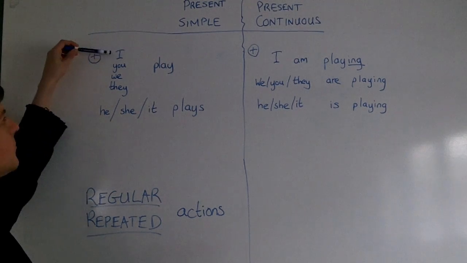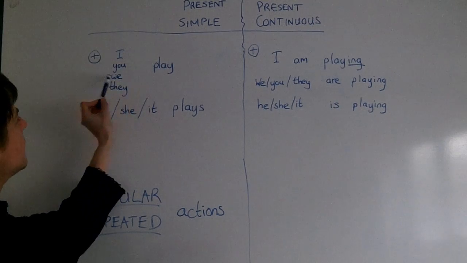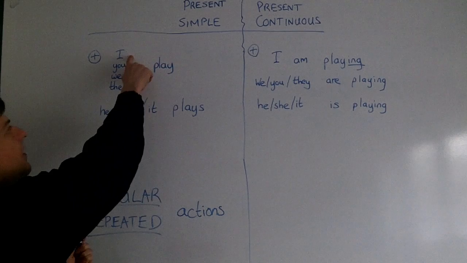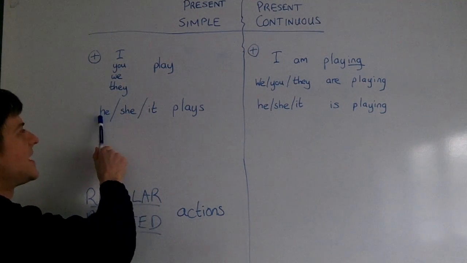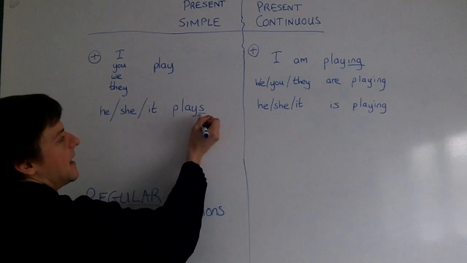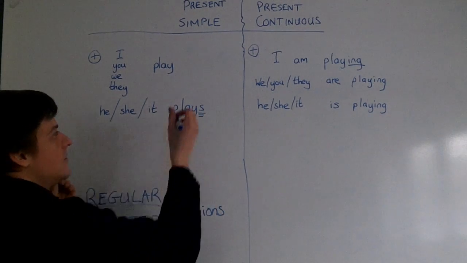Now with positive, with I, you, we and they, we just say I play, you play, we play, they play. The verb stays the same for I, you, we and they. But if we want to say he or she or it, we must add an S. He plays, she plays. But other verbs as well.